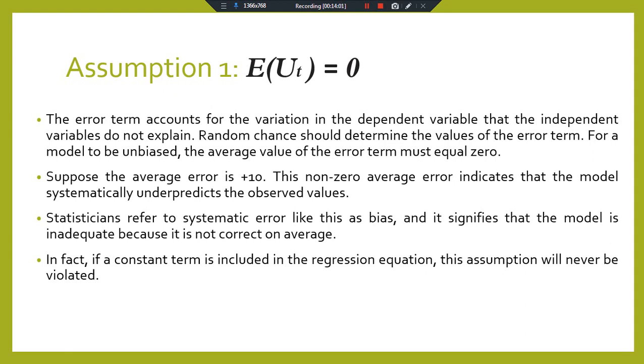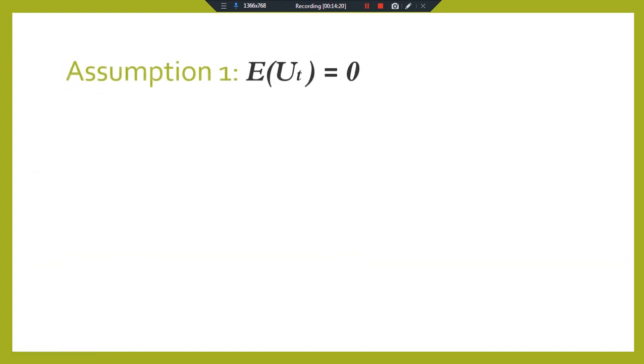Let's see practically what type of graphical representation occurs if the constant is included, and how we can interpret the case where the expected value of the error is not equal to 0. Okay, let's see.